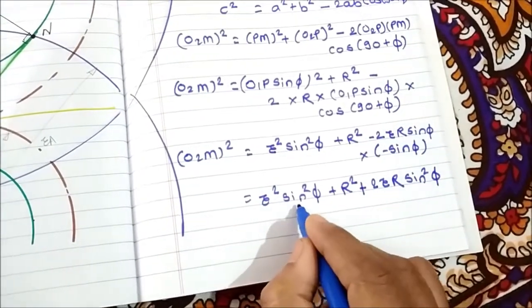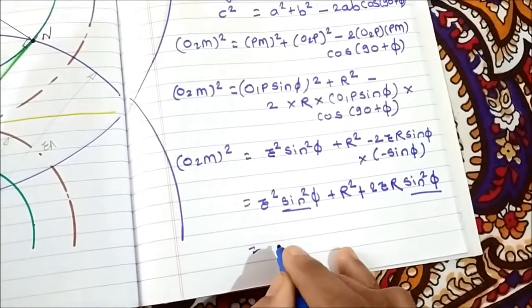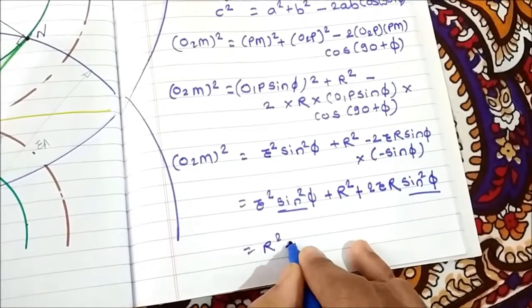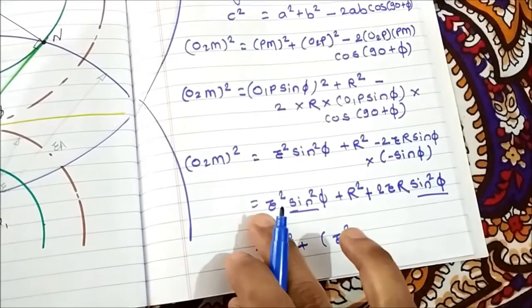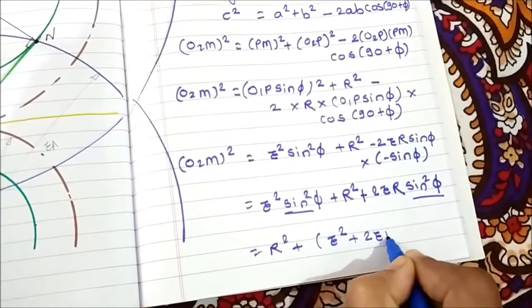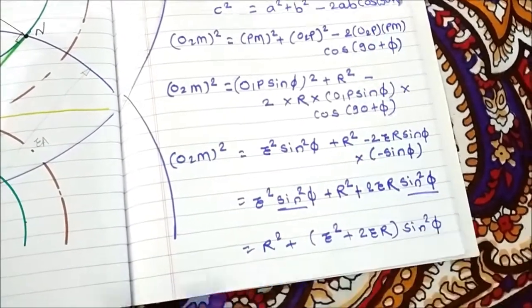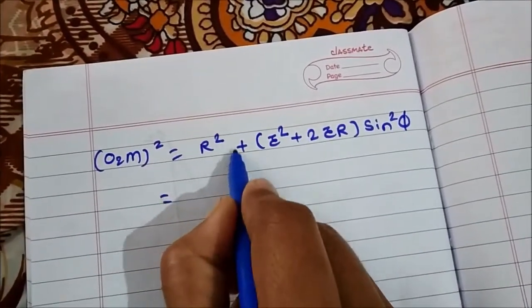Now see these two terms. Here we have sine square phi, so let's take that common. So let me write R square over here, plus this small r square plus 2rR, sine square phi. Let's continue. Let's take this capital R square common.